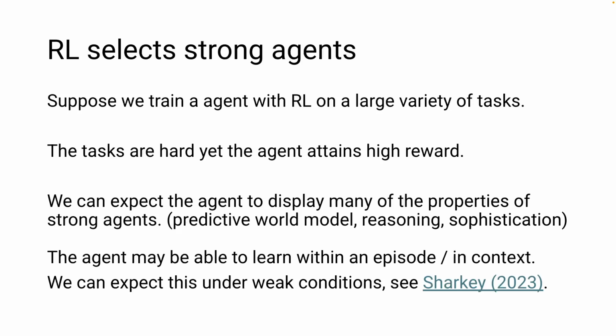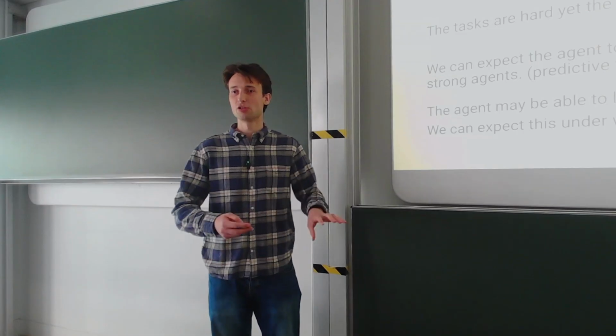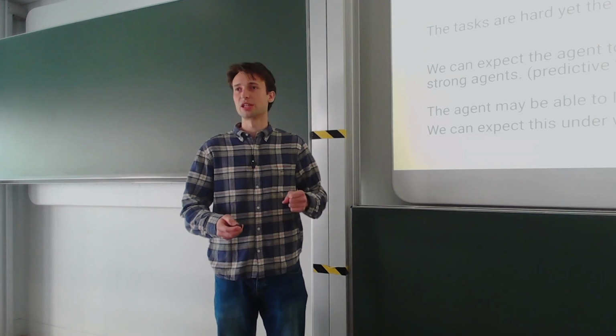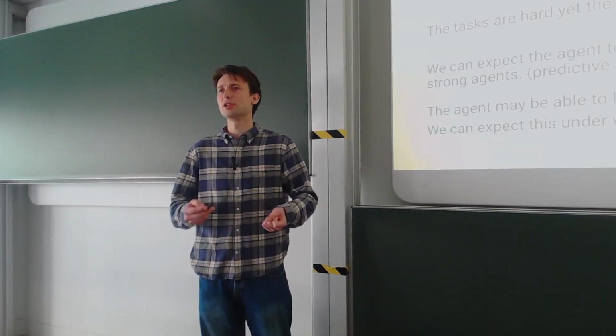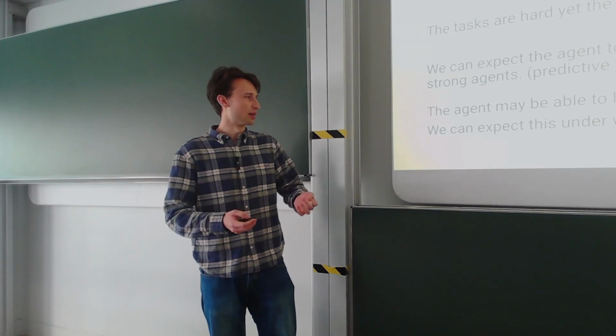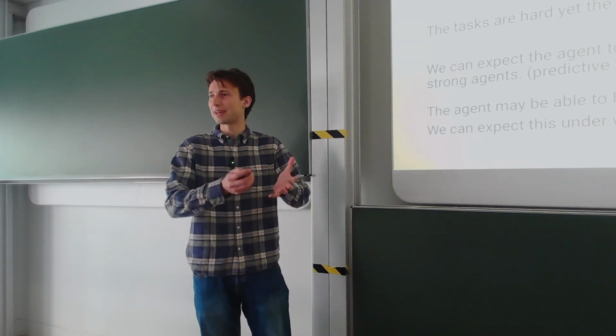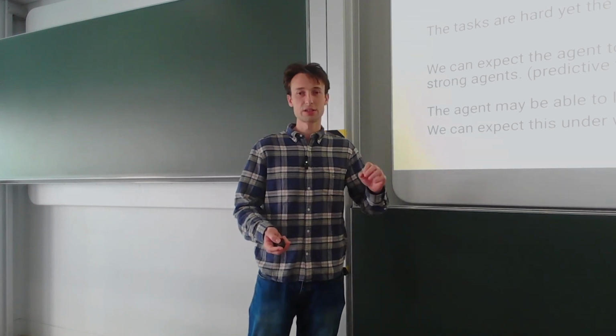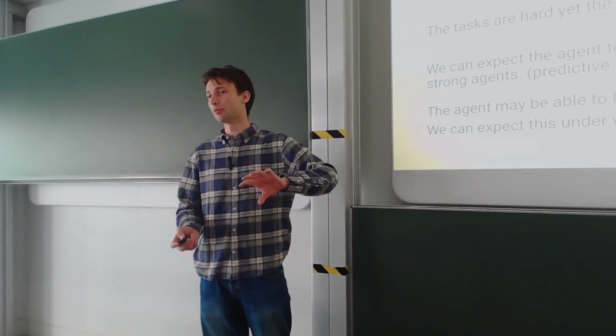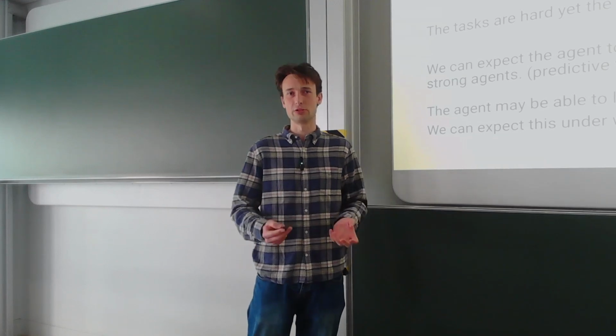So, by nature of a stochastic environment, an agent would never see quite the same situation twice, and so that can be viewed as having a variety of tasks. If the agent has access to some observations that correlate with previous actions, then it has some record of previous actions.